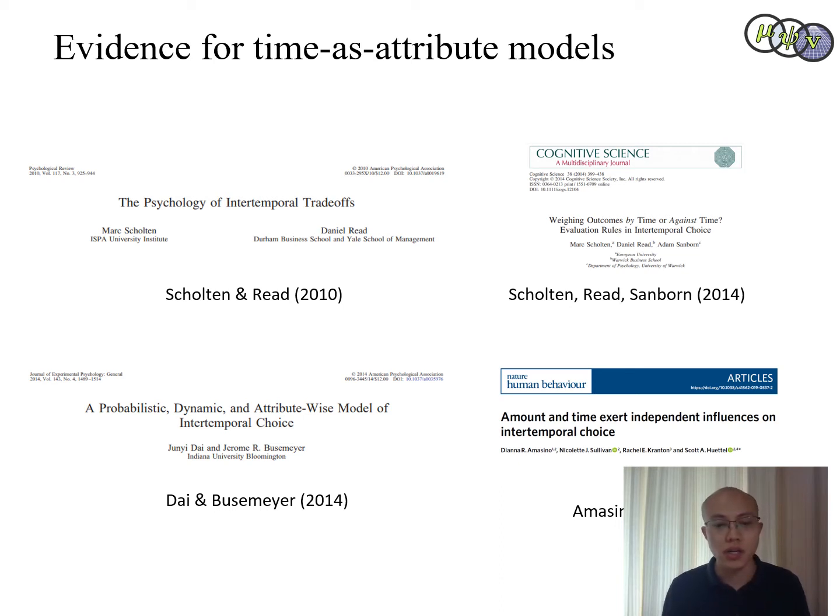More recently, Amasino and colleagues published a paper in Nature Human Behaviour in 2019, titled Amount and Time Exert Independent Influences on Intertemporal Choice. This paper moved one step forward to suggest that amount and time seem to exert independent influences, and obviously they also present a lot of supporting evidence for time as attribute models.